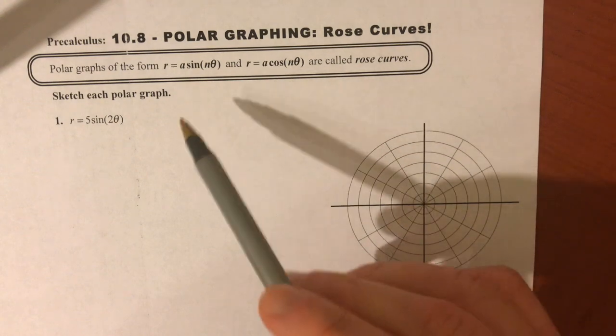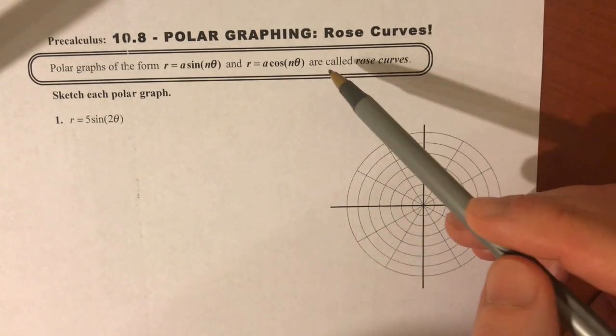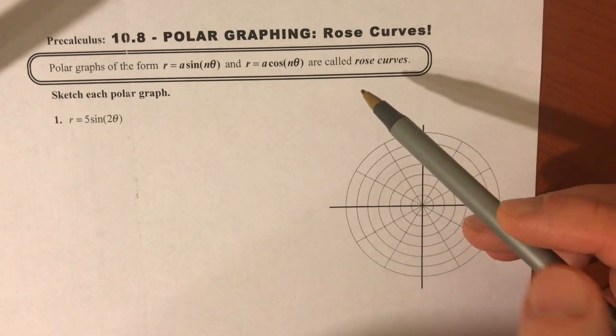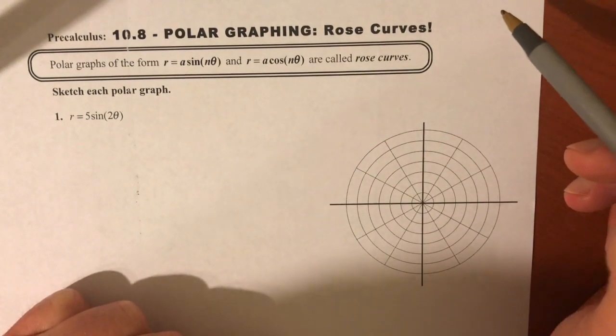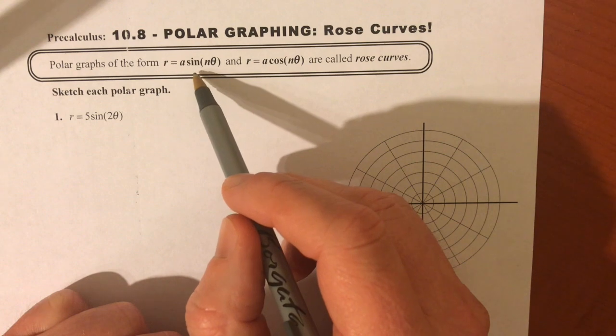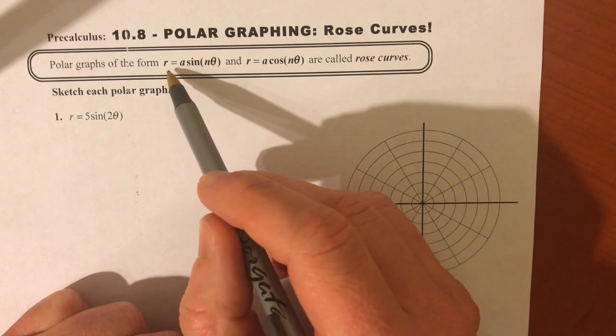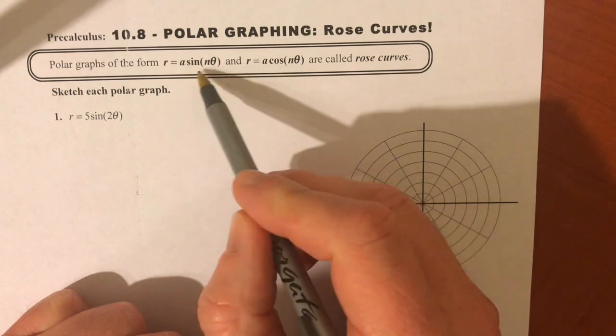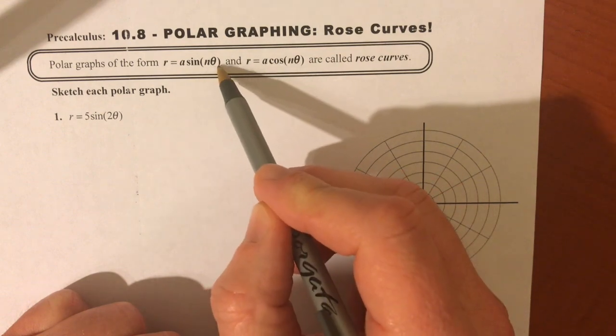We're going to be looking at the third day of polar graphing here today, and what are called rose curves. A rose curve is going to happen when you have a polar function in this form, r equals a sine or cosine of n theta.